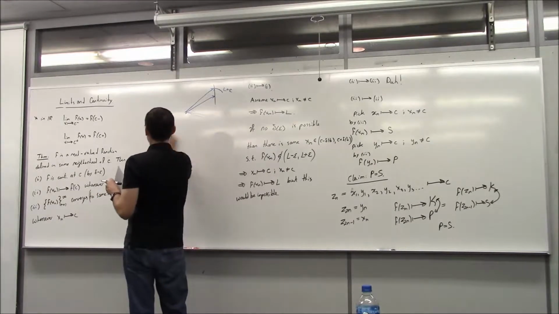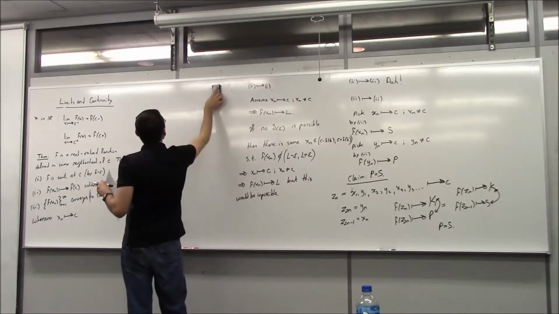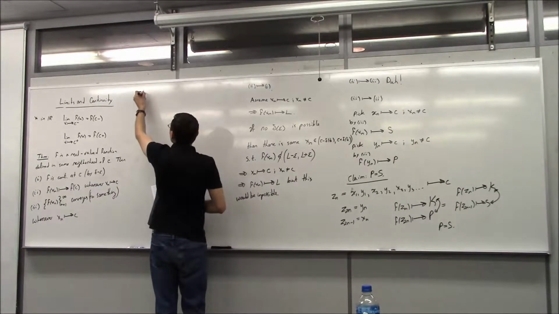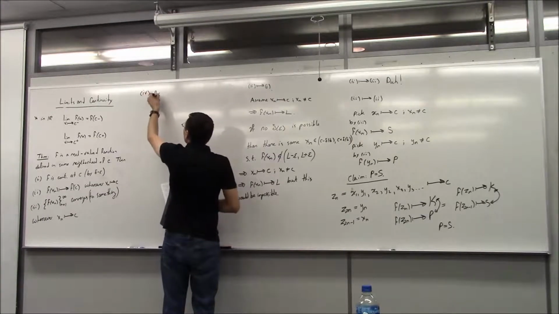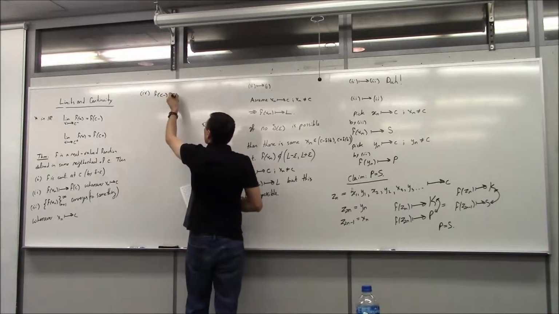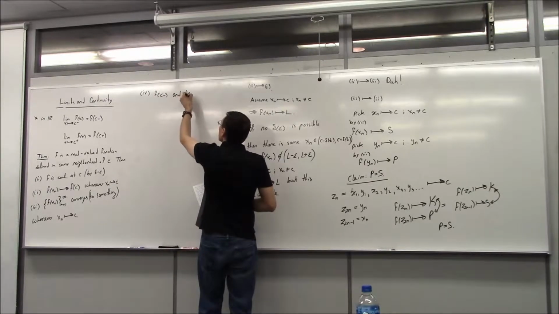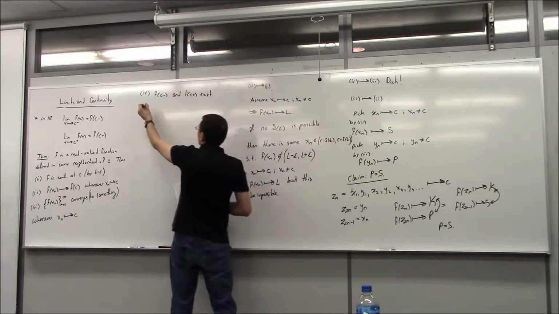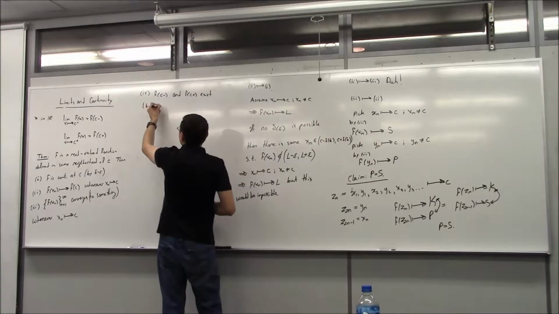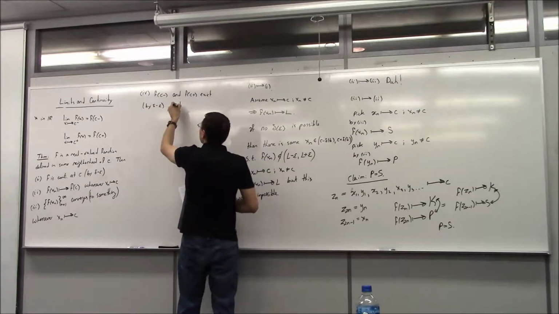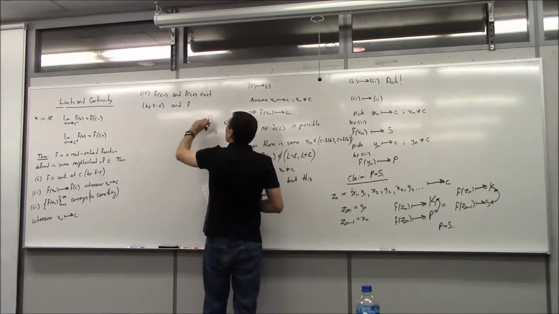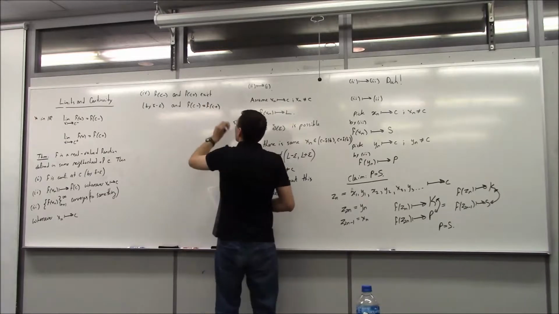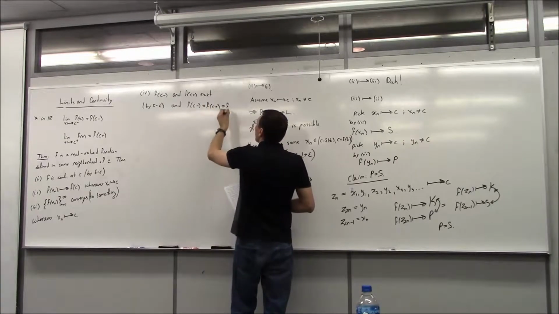And a fourth condition, it's really because it's a real valued function. Fourth condition: f of c minus and f of c plus exist, maybe by delta epsilon, and f of c minus is equal to f of c plus, which is equal to f of c.